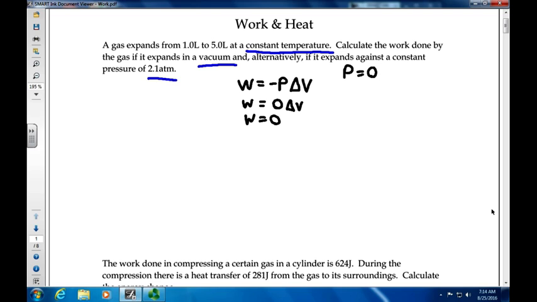So anytime you're trying to see if work is done in a vacuum, it's always going to be 0 because it's not working against anything, unless, of course, the pressure exerted upon the item is not due to the atmosphere or the surrounding gas.